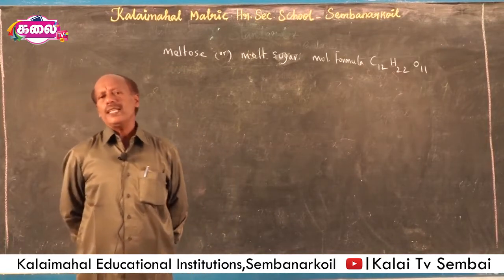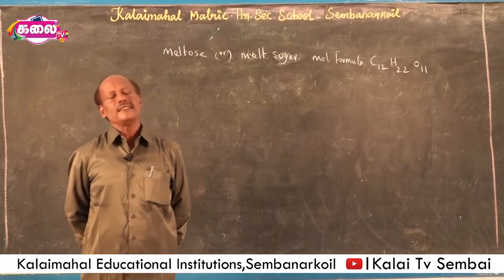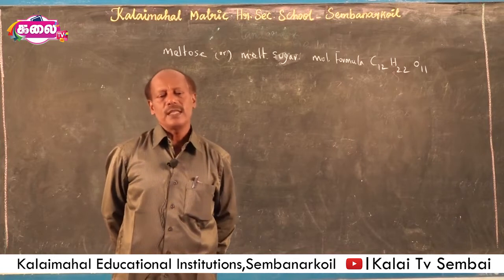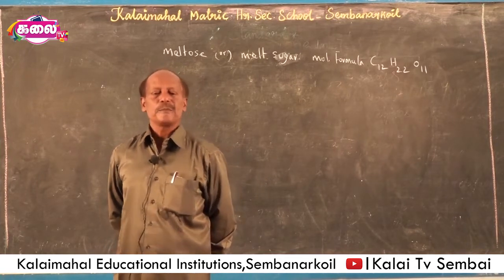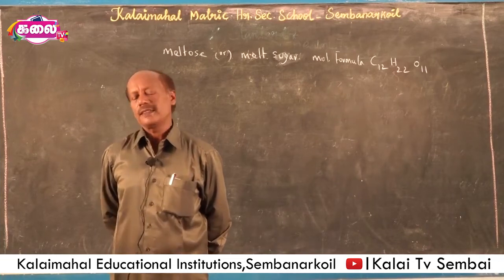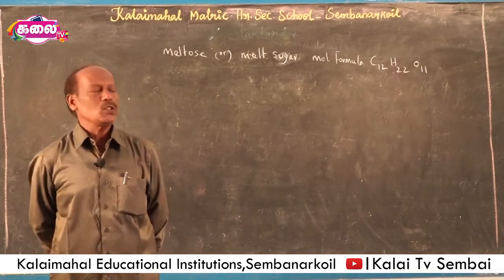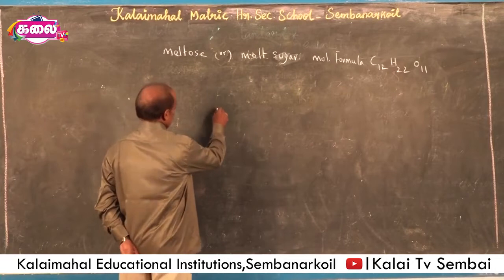Maltose is a white crystalline solid with a melting point of 160 to 165 degrees centigrade, highly soluble in water, and dextrorotatory in nature.